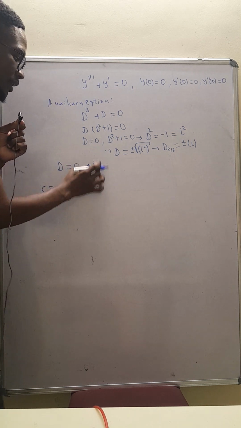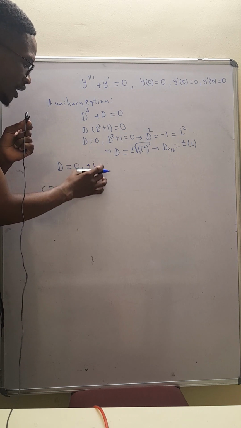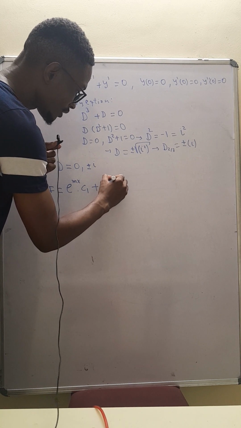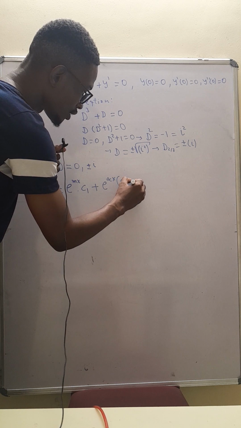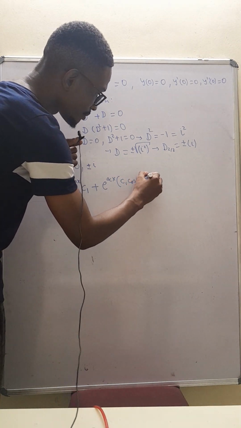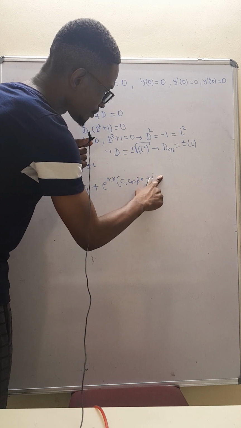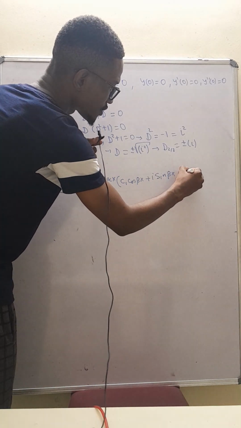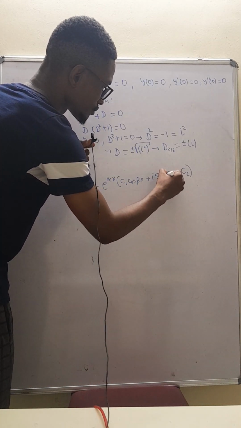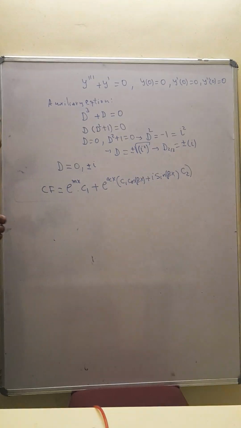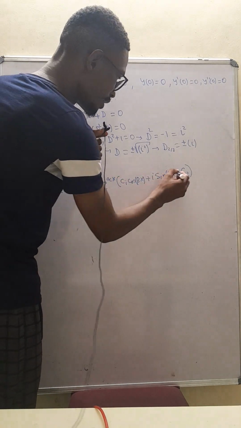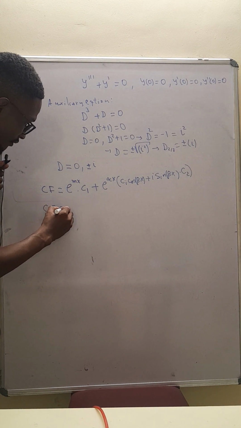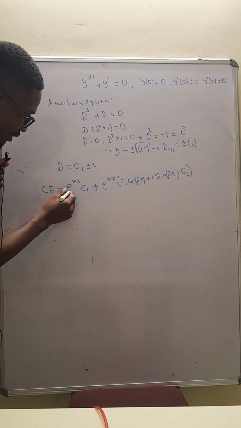But for a pair of imaginary numbers, we know that the solution will be Euler raised to alpha times x, and here C1 cos beta x plus i sine beta x times C2. And that's the point. It means that here we will have combined. So CF will be only one solution that is real and different from each other.